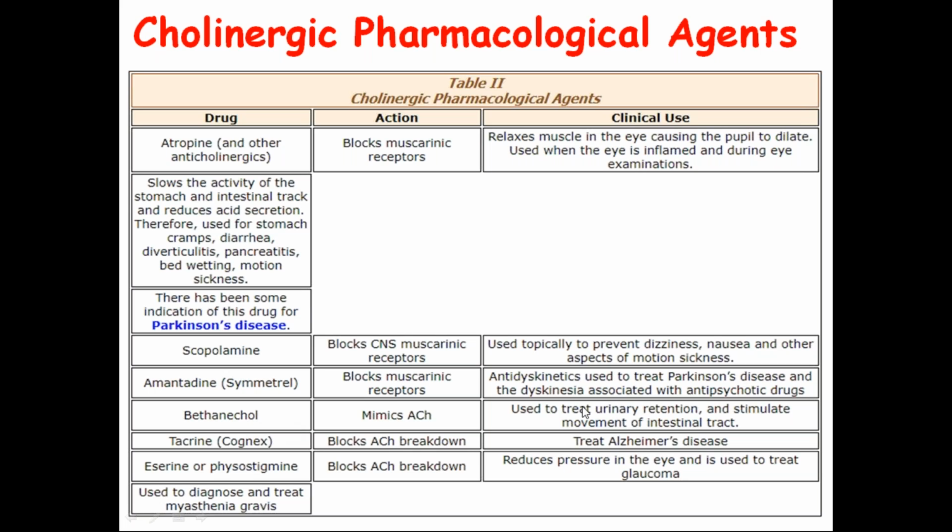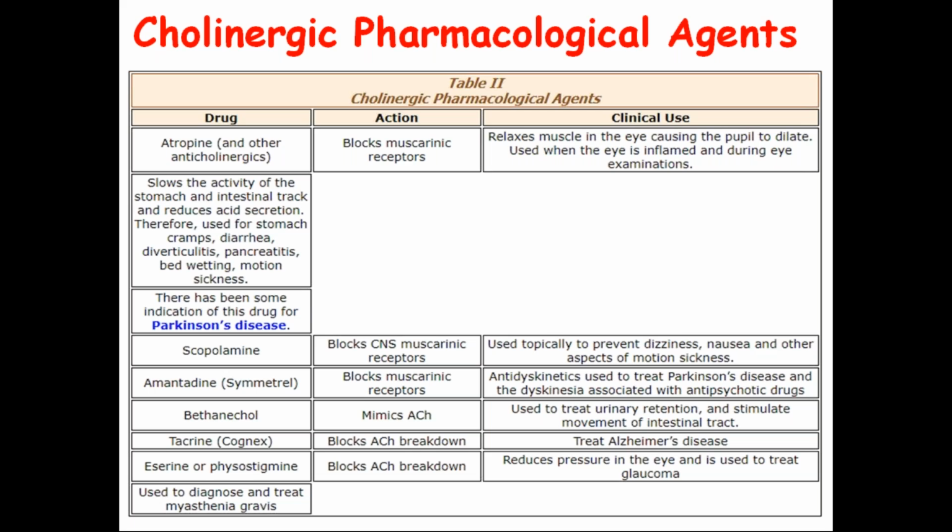Okay, now see, what is its function? It is used to treat urinary retention. In some cases, some diabetic persons, or in certain conditions, there is a problem in holding the urine. So why is there a problem? Because acetylcholine is not released. Acetylcholine has a parasympathetic role.